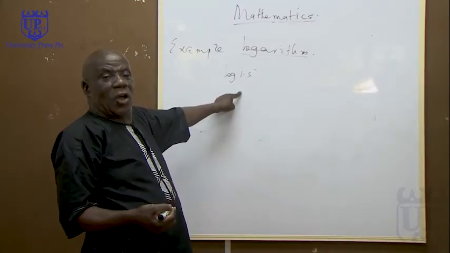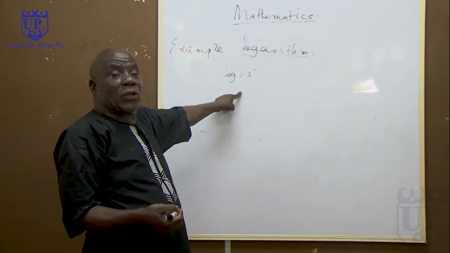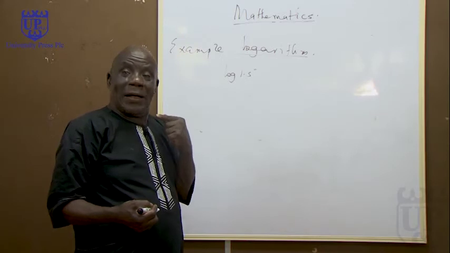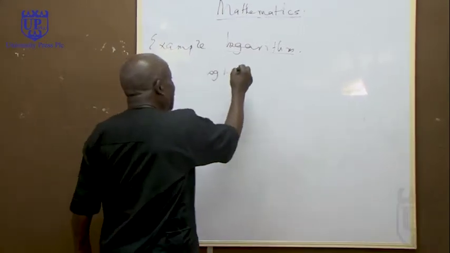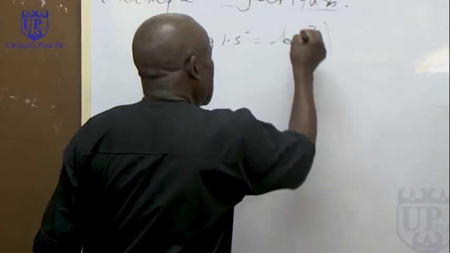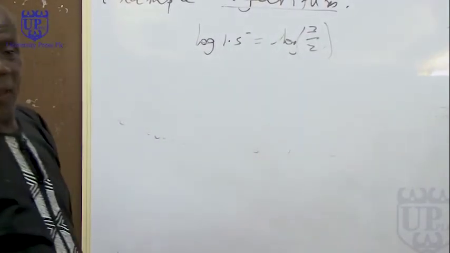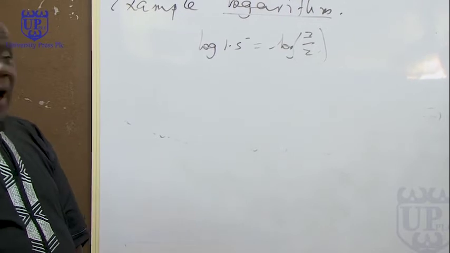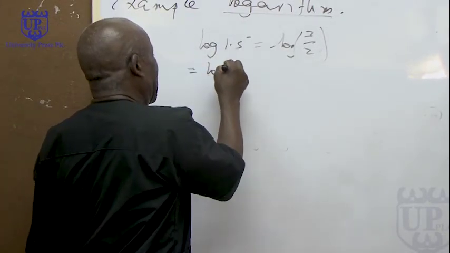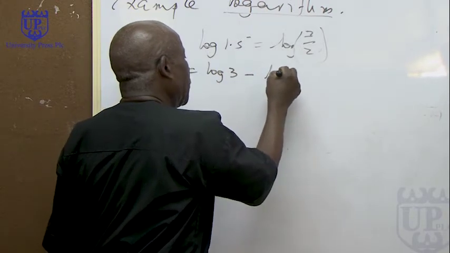Express this one such that 3 and 2 will be the only two numbers that will appear. 1.5 is 3 over 2. This is logarithm of 3 over 2. Put it in bracket. And log of 3 over 2 is the same thing as logarithm of 3 minus logarithm of 2.